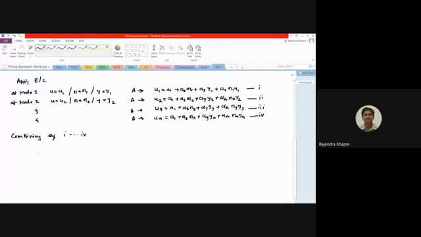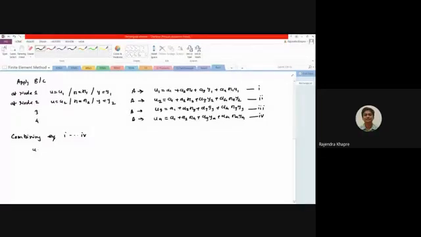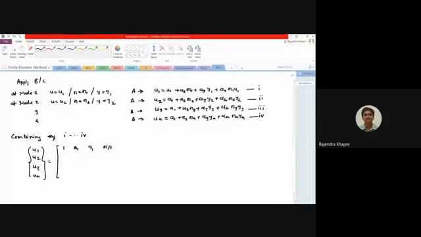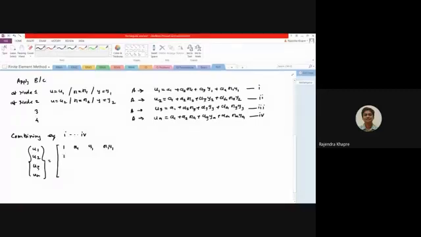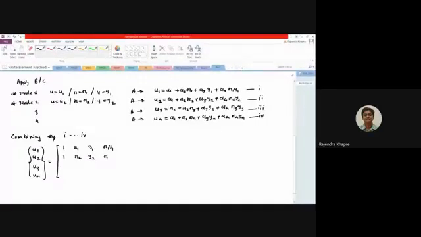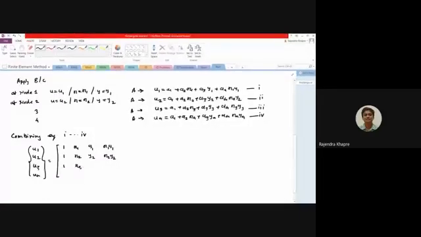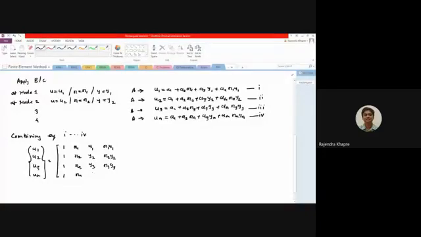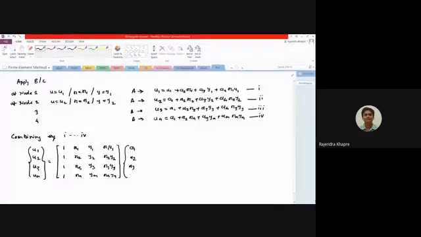Combining them, we get u1, u2, u3, and u4 equal to a matrix: 1, x1, y1, x1 y1; 1, x2, y2, x2 y2; 1, x3, y3, x3 y3; and lastly 1, x4, y4, x4 y4, multiplied by a1, a2, a3 and a4.